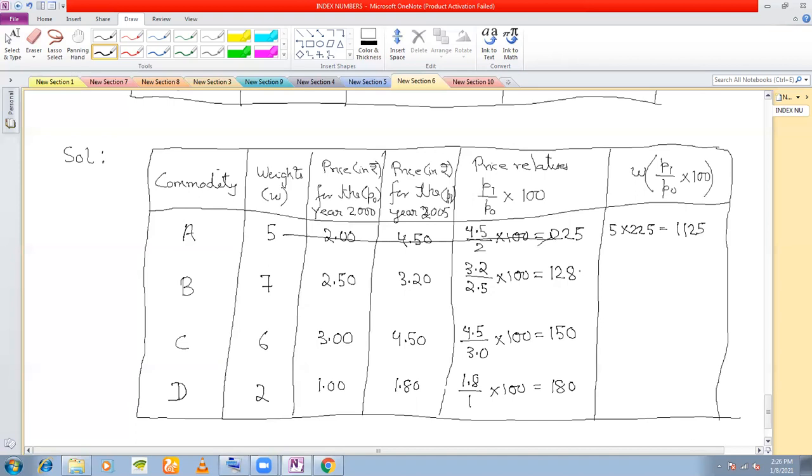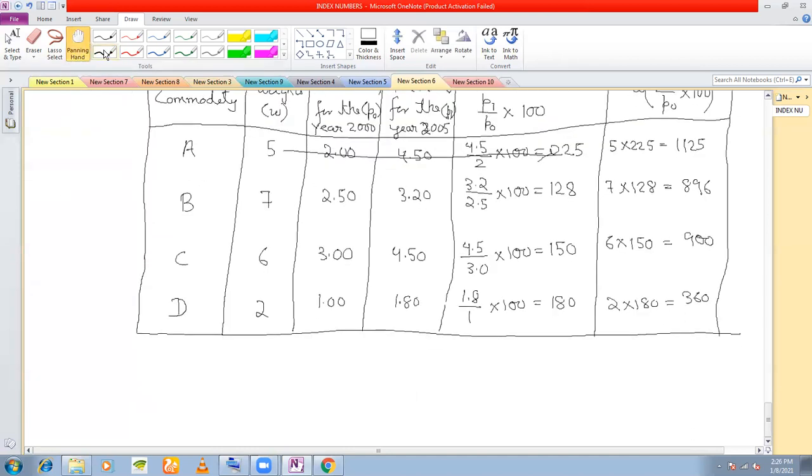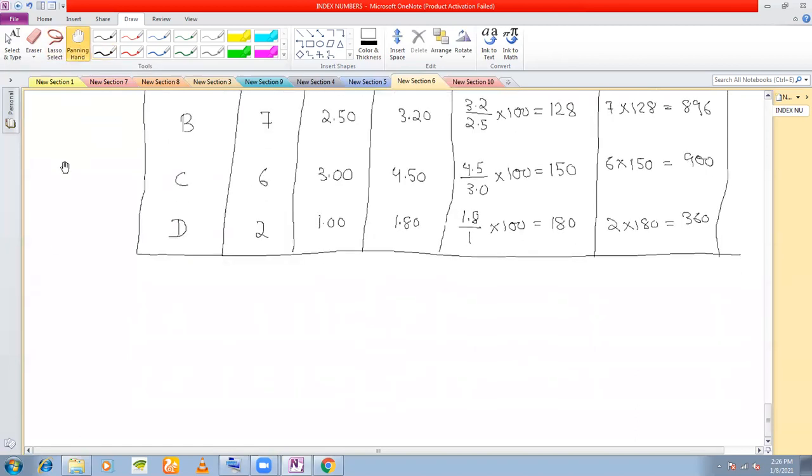Similarly, 7 into 128 will give you 896. 6 into 150 will give you 900. And finally, 2 into 180 will give you 360.